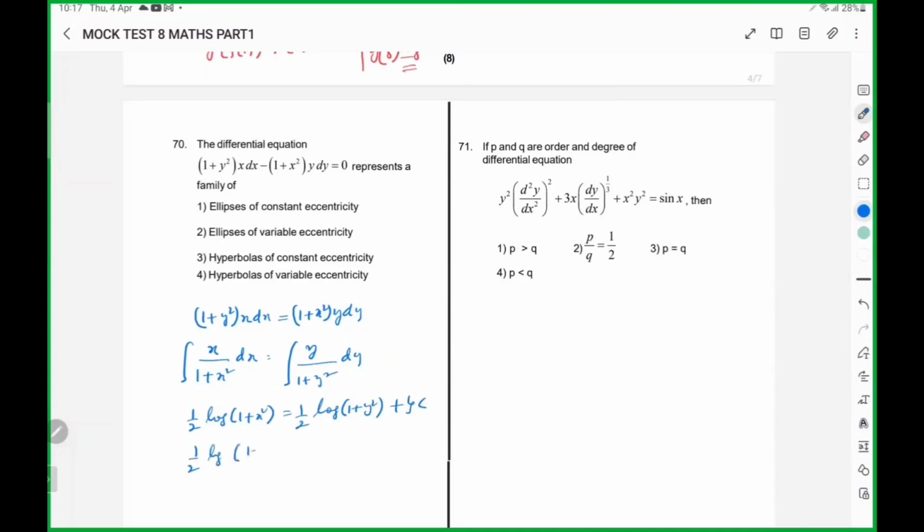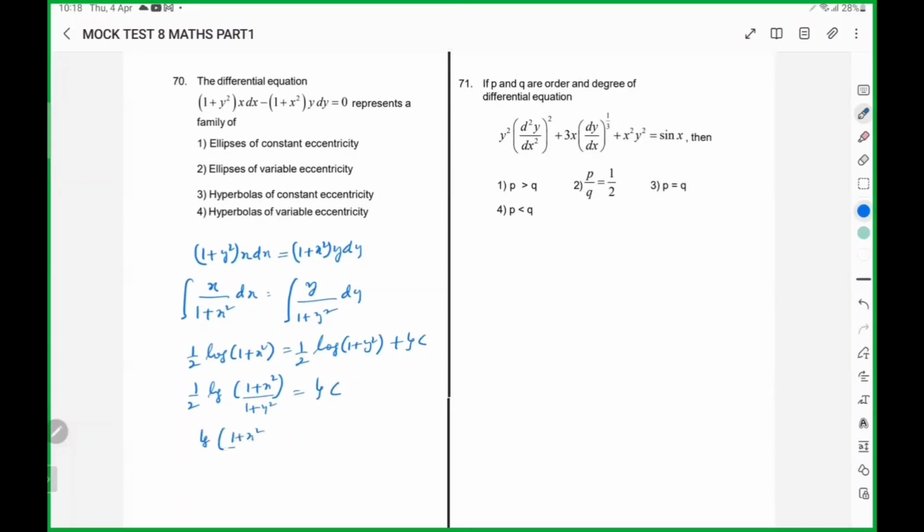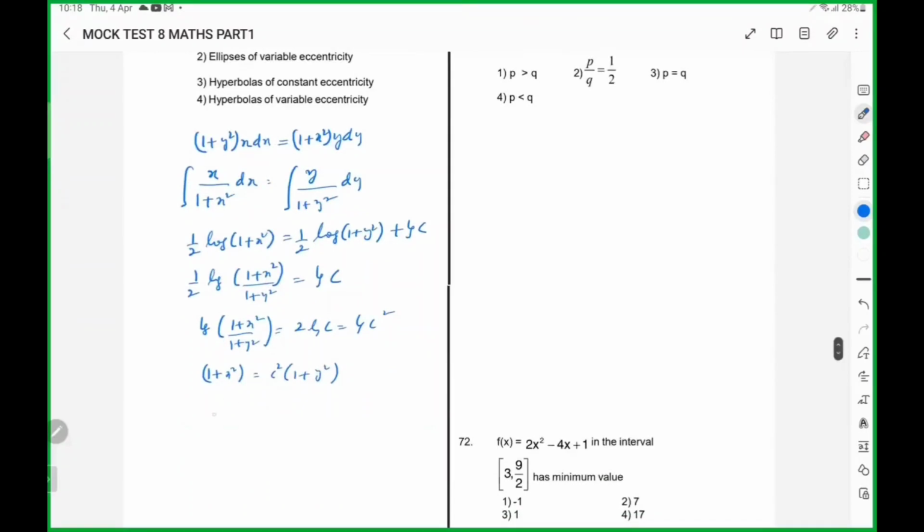Half log of 1 plus x square by 1 plus y square is log c. So log of 1 plus x square by 1 plus y square is 2 log c, which is log c square. 1 plus x square is c square into 1 plus y square, and c square is always positive.